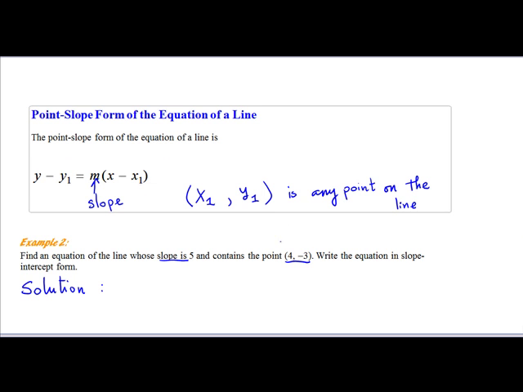So I simplify the point. I have y minus, this minus 3 is your y1, so y minus minus 3 equal to the slope, which is 5, times x minus x1, which is 4. So let's simplify this. I have y plus 3 equal to 5 times x minus 4, like so.